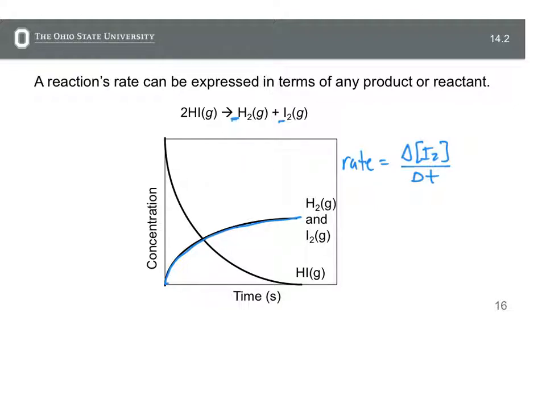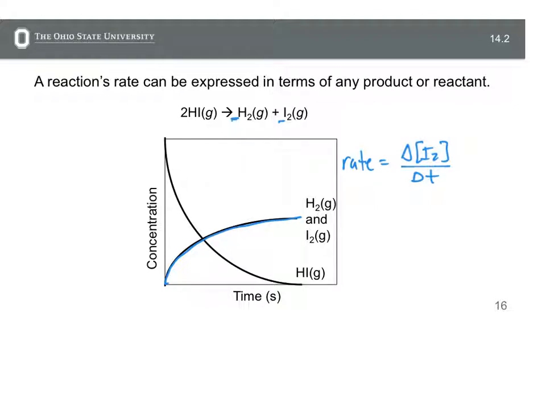Okay, it's a little hard to see on this figure, but the disappearance of HI occurs at twice the rate of the appearance of H2 and I2.